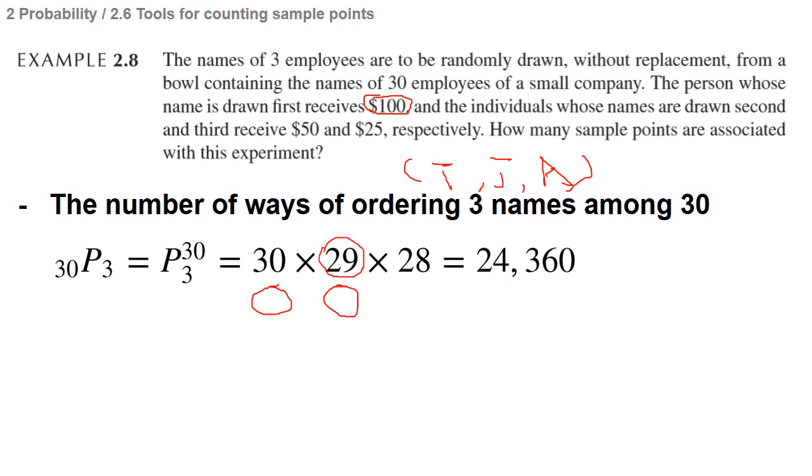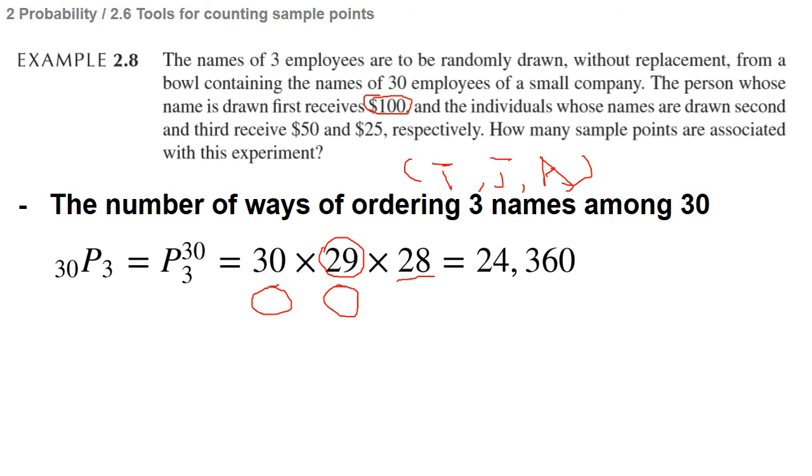And what about the third one? Since we already picked two names, Tom and Jane, you can pick a name from 28 names. So this is the permutation. And 30 times 29 times 28 equals this number.